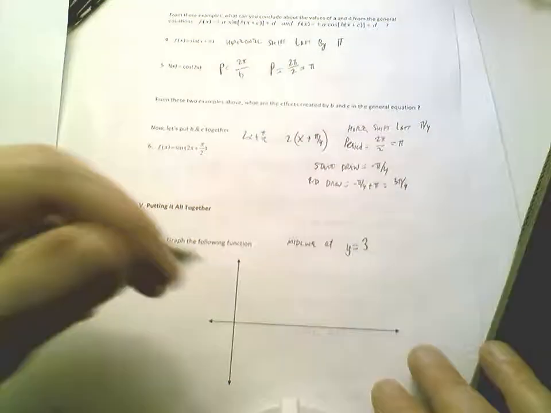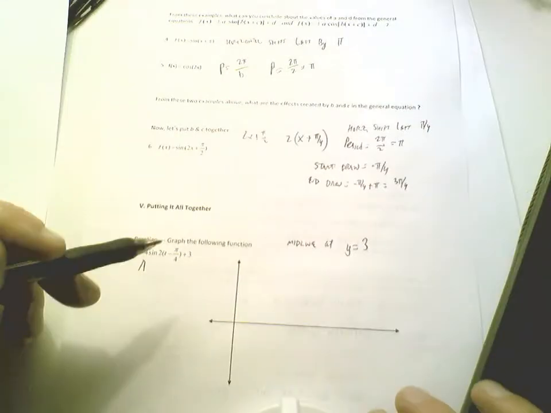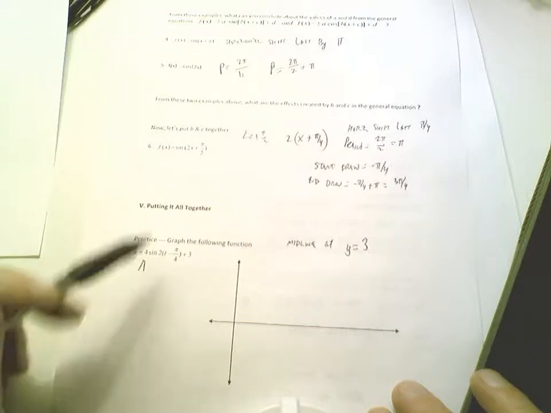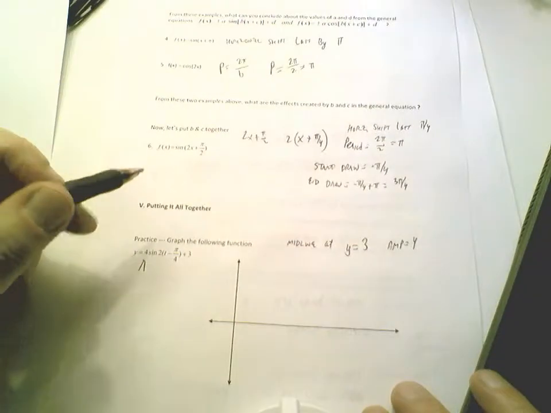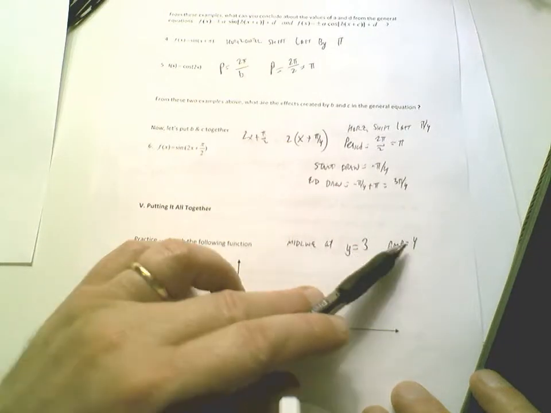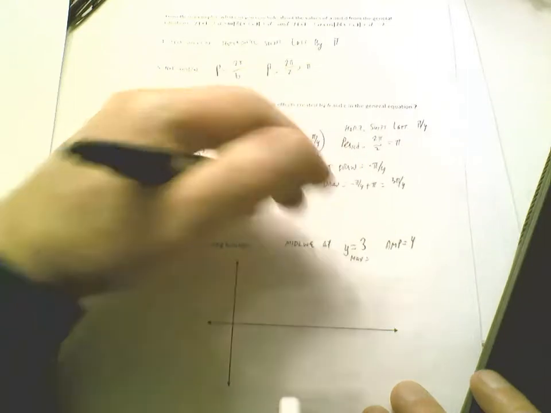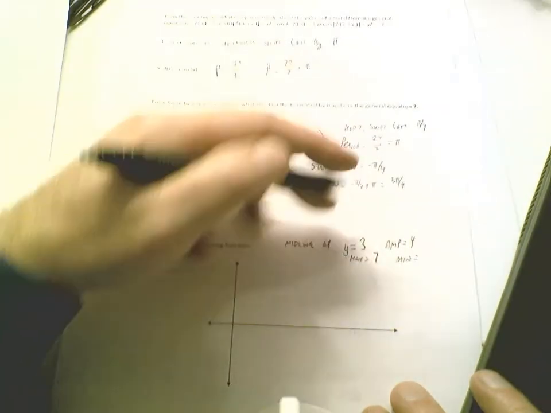I'll start dashing the graph so I know where my midline is and I can draw around it. 4 is my amplitude. If my midline is at 3 and my amplitude is 4, my max is at 3 plus 4, 7. My min is at 3 minus 4, negative 1.